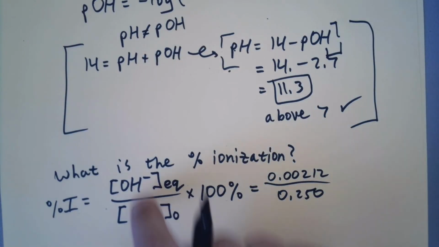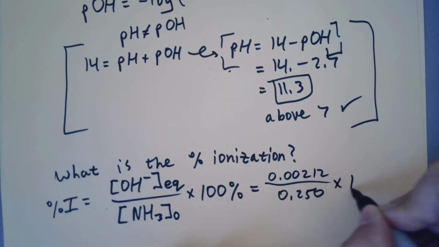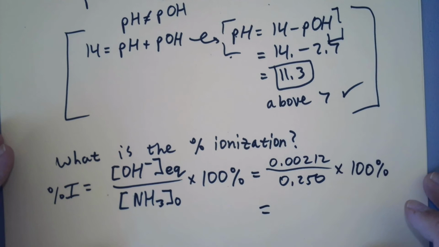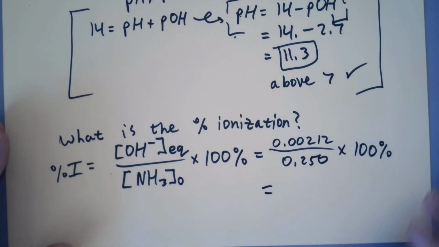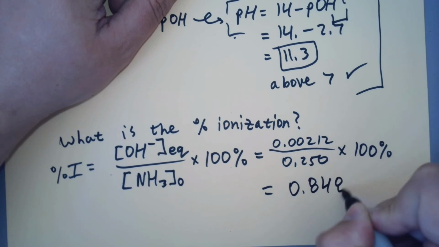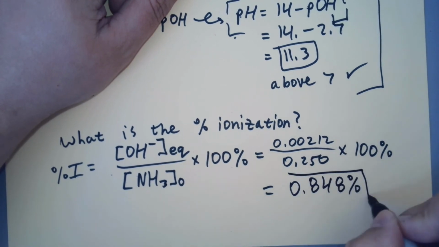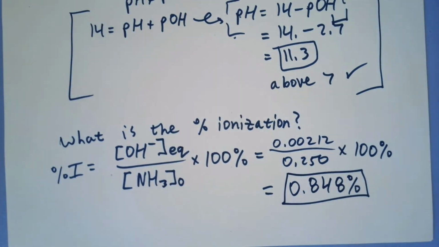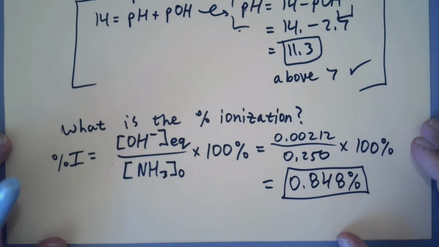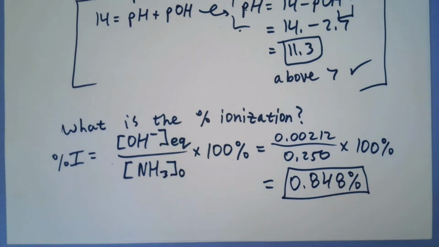Okay, so I plug those in, times 100%, and it turns out that because Kb was the same as Ka for the last example I did, the percent ionization is identical. So it turns out that ammonia only gives 0.848%, all right? Not Coach's favorite. That's slacker ammonia.